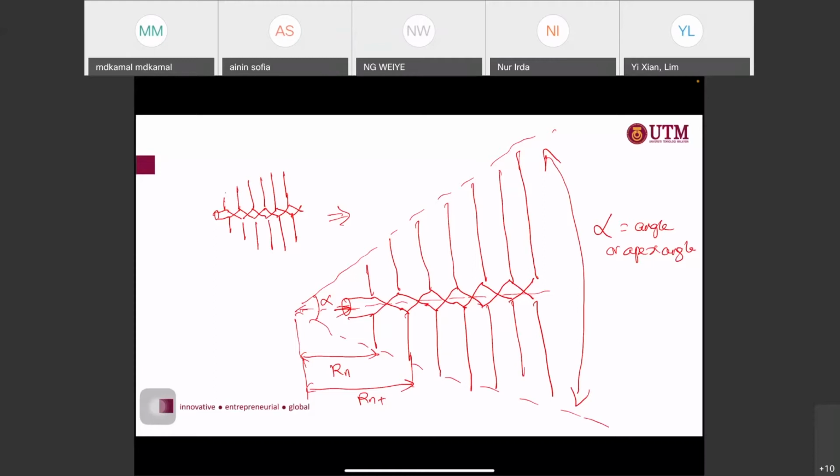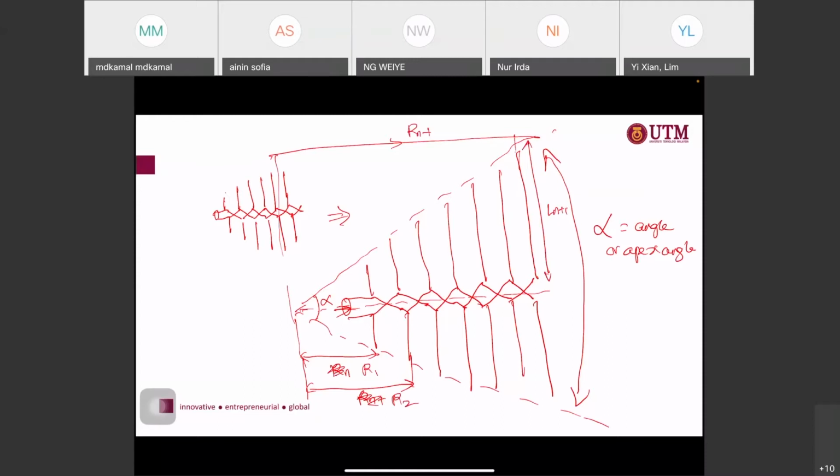As well, you can see that we have Ln here. This is your Ln plus 1. It's better to put it here. This is your Rn plus 1. This is your R1. This is your R2.